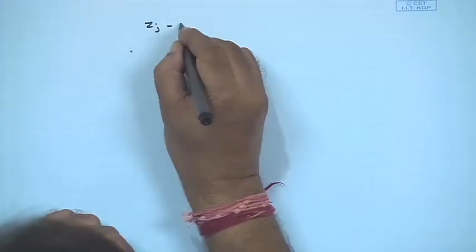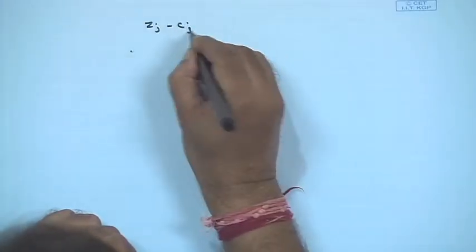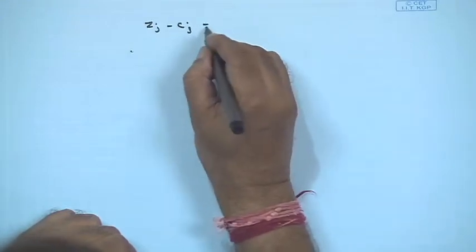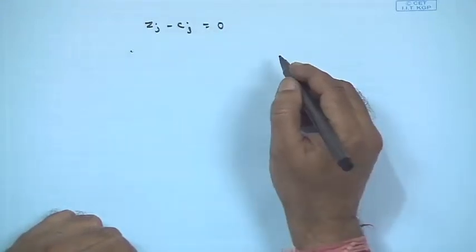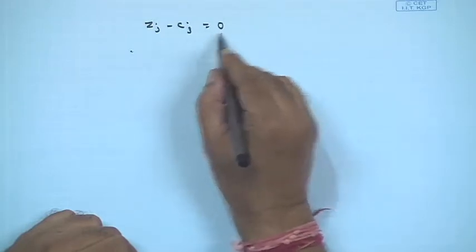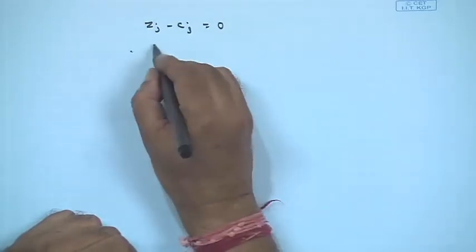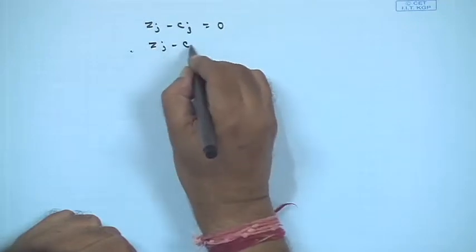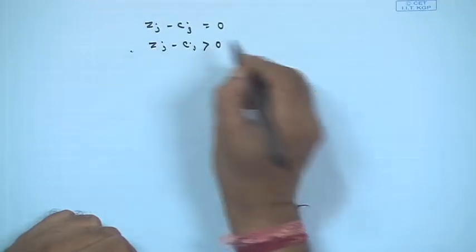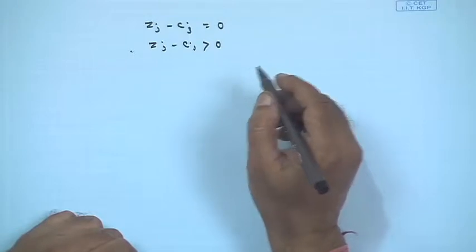The first one is the alternate solution. If you remember, we have said one thing: Zj minus Cj should be equal to 0 for basic variables, and Zj minus Cj should be greater than 0 for non-basic variables.